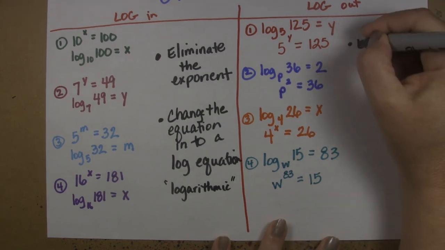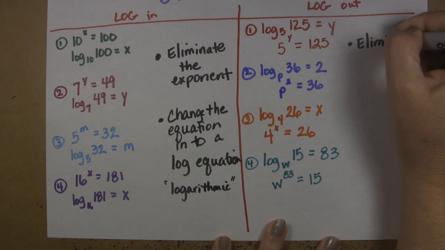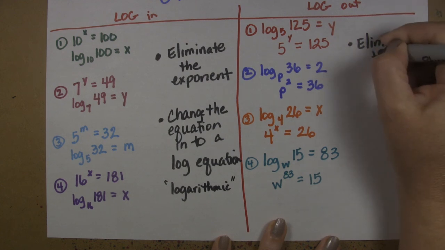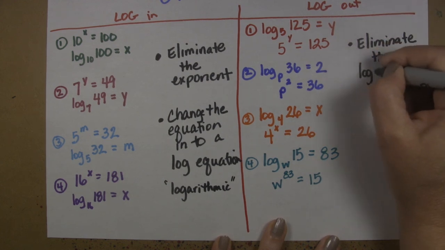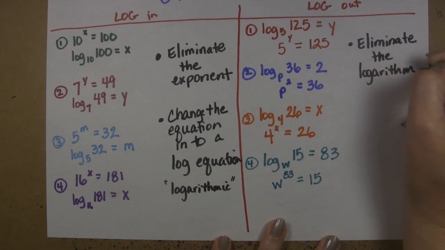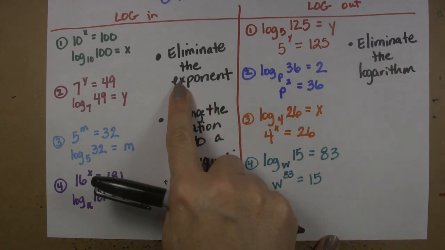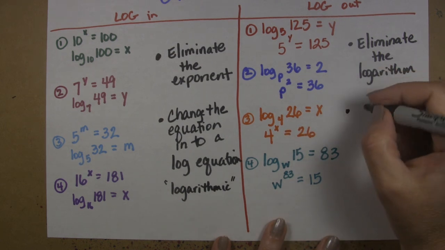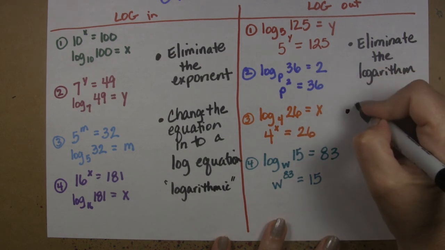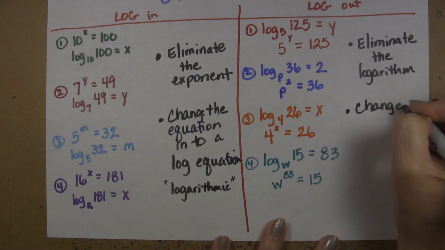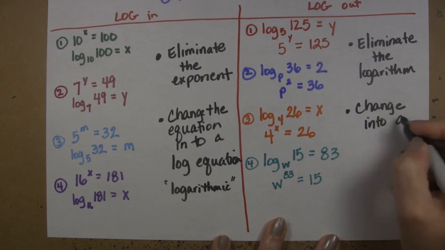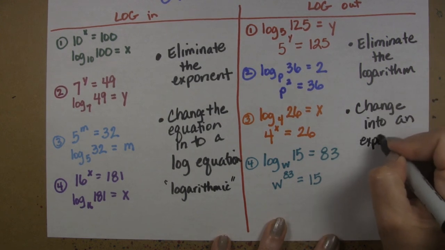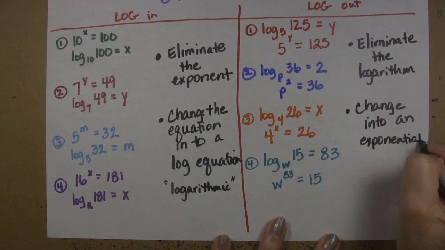The directions might say eliminate the logarithm. So over here we were eliminating the exponent, over here we're eliminating the logarithm. Or they might say change into an exponential equation.